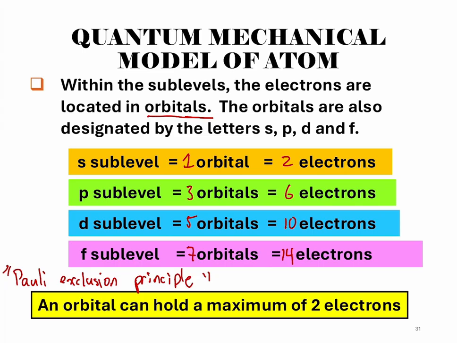And each of these orbitals has a specific shape associated with it, right? So the D, F, P and S sublevels have shapes associated with them, and then each of those are further divided within each orbital. So if I draw the shape here, I'll go up to D because I can't draw an F orbital. An S just looks like a sphere, right? So we think about our model for the hydrogen atom earlier.